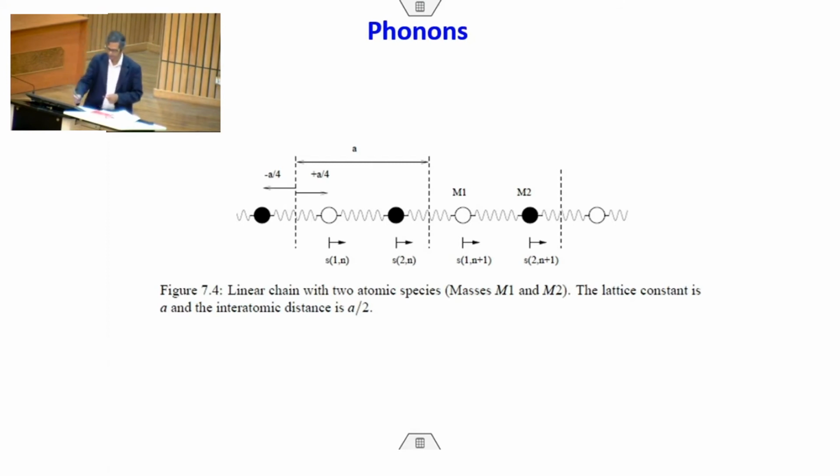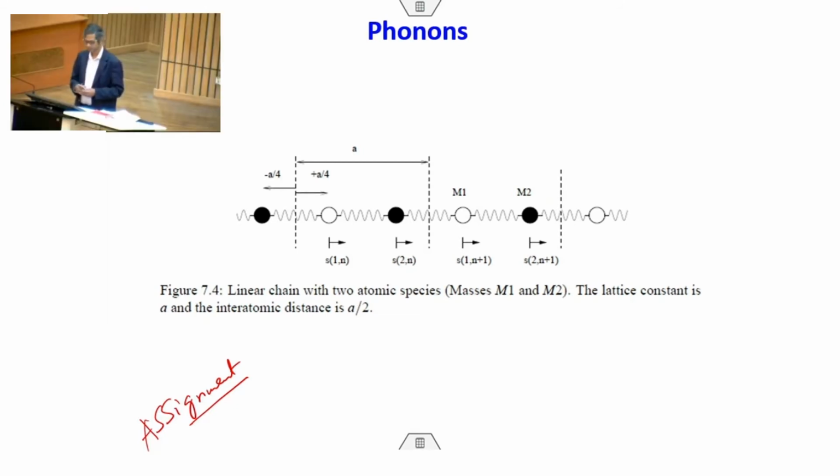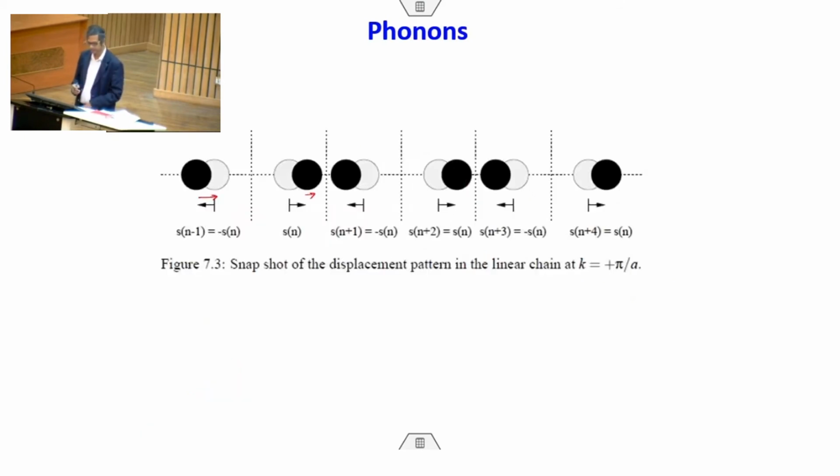I think that you should do this as a part of the assignments and solve this problem. This is very, very important, to do this kind of simple solution of simple differential equations using boundary conditions and initial conditions.